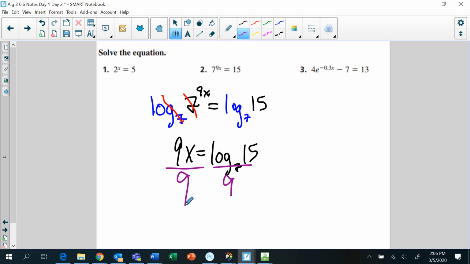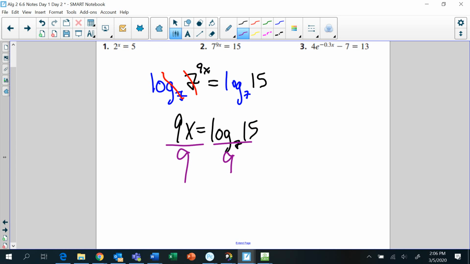Let's see if you can type it in your calculator correctly. 0.155 after you round correctly.